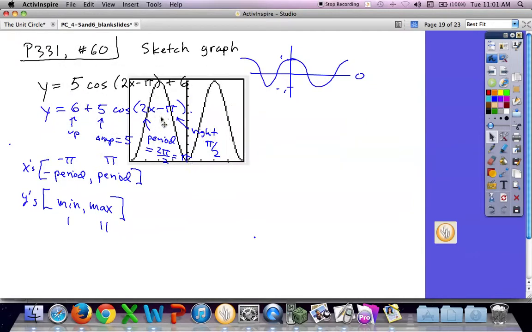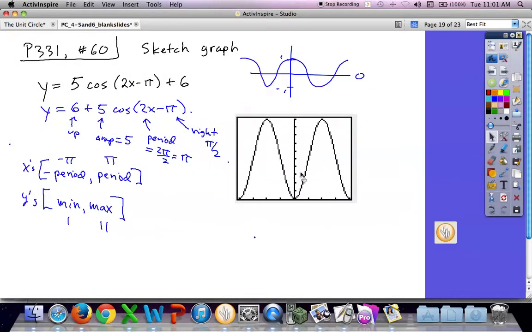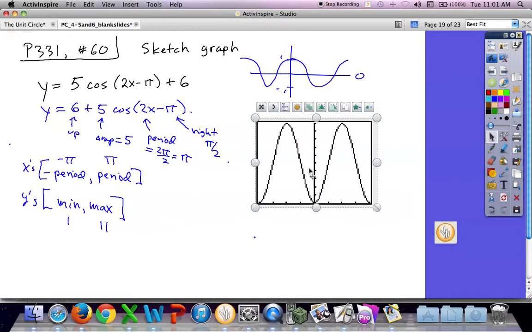Come on. Move it. All right, there's my graph, and then I'm going to add the scale. This goes from negative pi to pi. All right, that is 1, that is 11, and that's it. There's your graph.